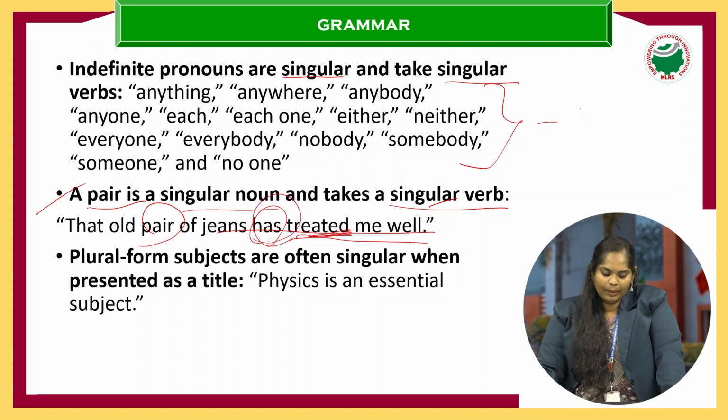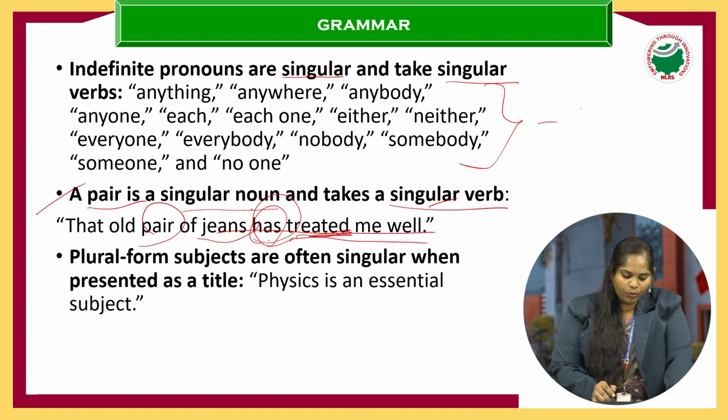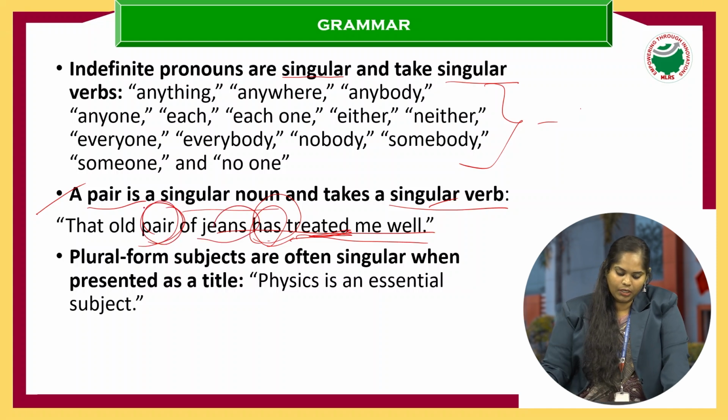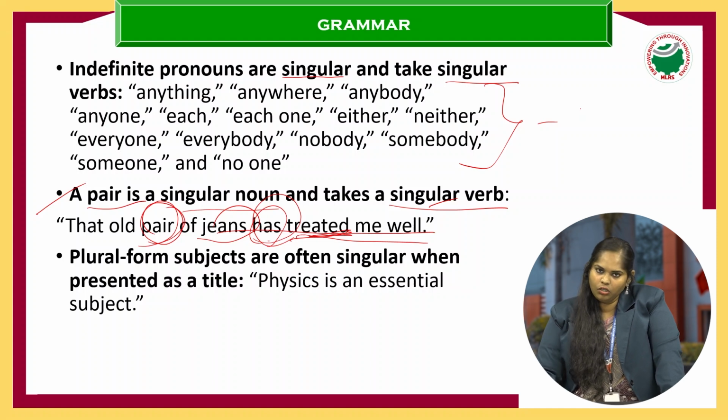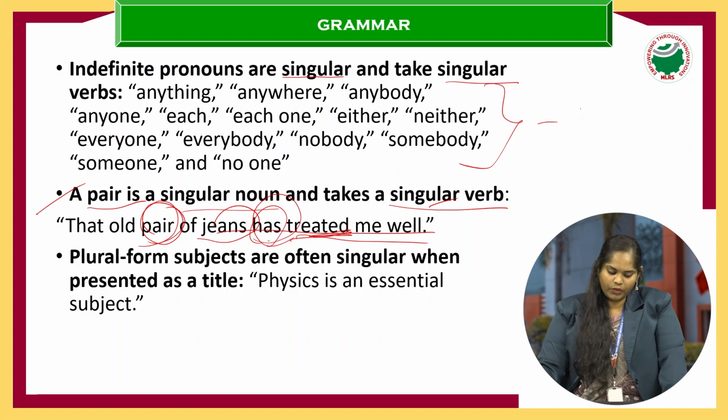The pair is a singular noun and it takes a singular verb. So that old pair of jeans, here don't worry about this jeans, but worry about the pair. So whenever you see the word pair with anything, then usually without any doubt you can place a singular verb in a sentence or when you write.